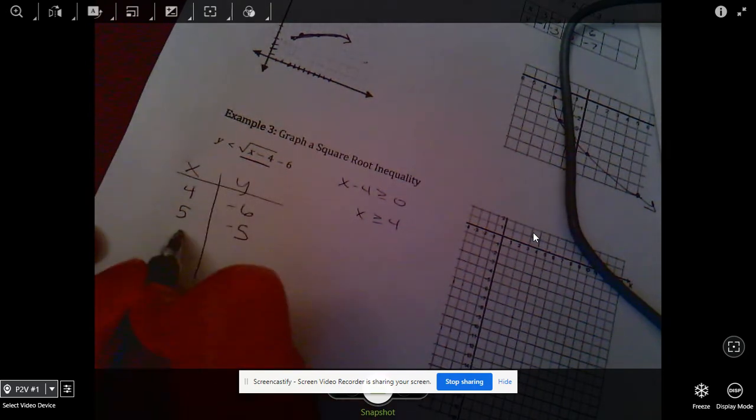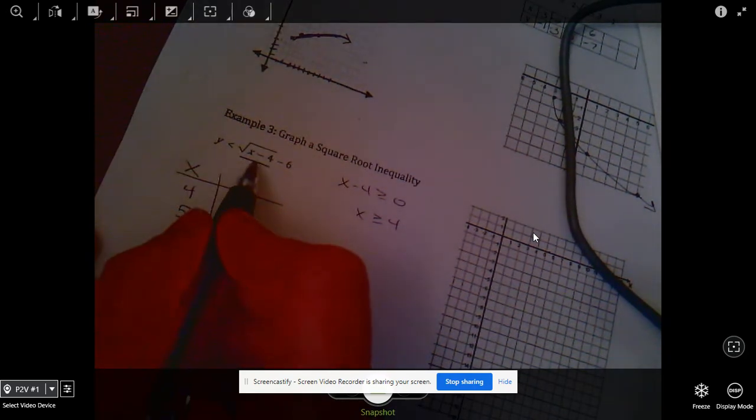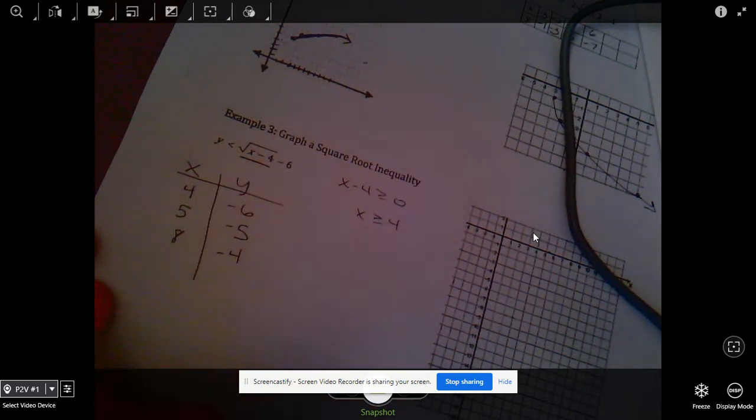If I put in 6, no. 7, 8, yeah, let's do it. Square root of 4 is 2. 2 minus 6 is -4. 9, 10, 11, 12, 13. Get 9. Square root of 9 is 3. 3 minus 6 is -3.